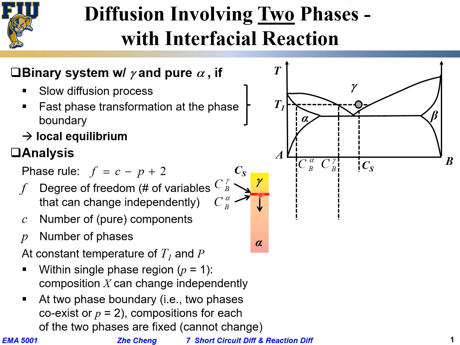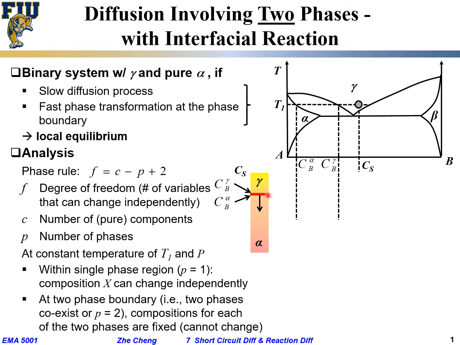It's a finite area, very close to this boundary. We would have what? Two phases coexist, right? Right at this interface. I would have alpha on one side, gamma on the other side. The two phases are in close contact. I'll put it another way, the two phases are coexisting in that local region.